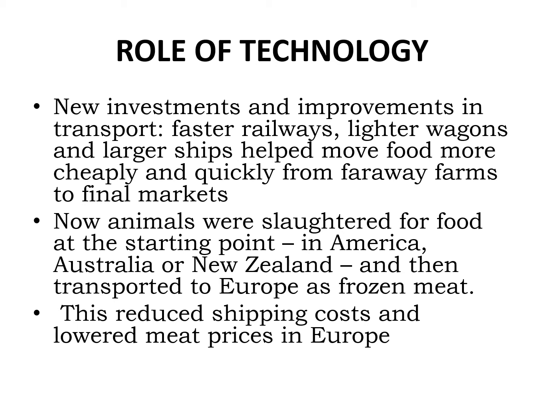Earlier, live cattle used to be transported. But now, because of technological development and refrigeration, animals were slaughtered in America, Australia, and New Zealand, and then transported to Europe as frozen meat. This reduced shipping costs and lowered meat prices in Europe.